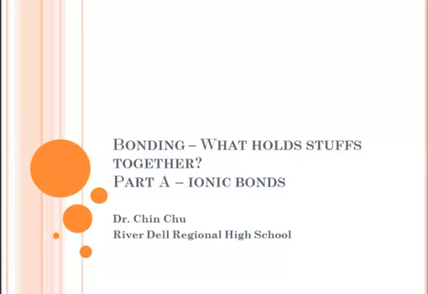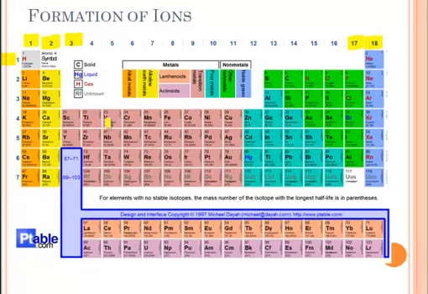You will see those are the groups or families, the vertical columns, and the horizontal rows are called periods, and most importantly the electron configurations go hand in hand with the chemical properties.